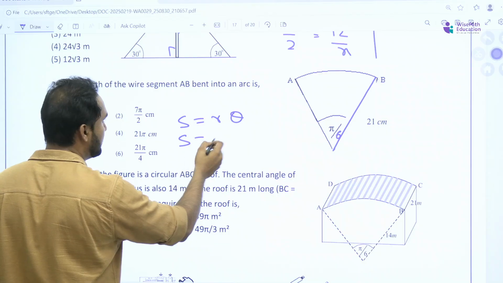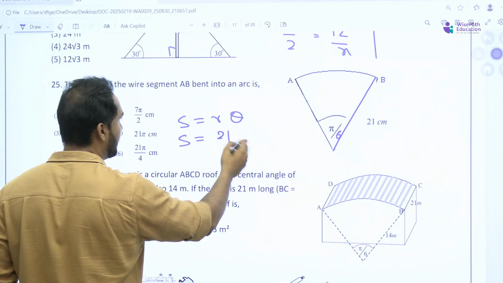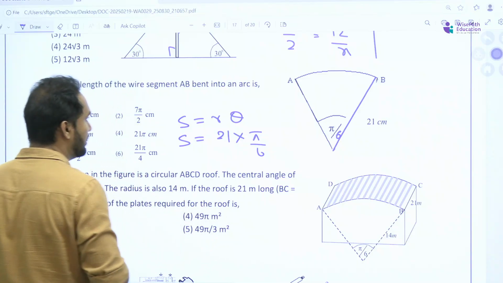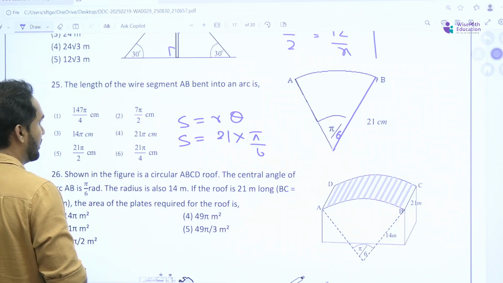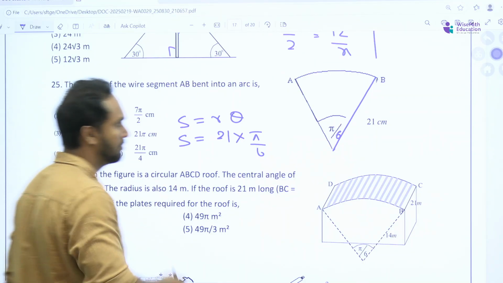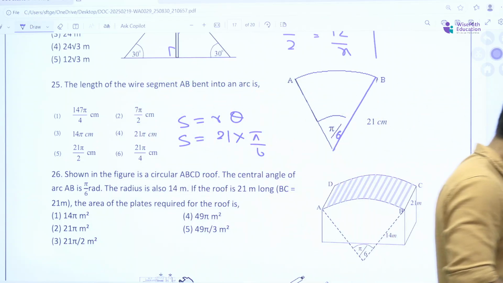Now you have to find S. R is given 21 centimeters. Theta should be 5/6. I'm not sure if it was 5/6. So it's 21 into 5/6. Now I have to check.